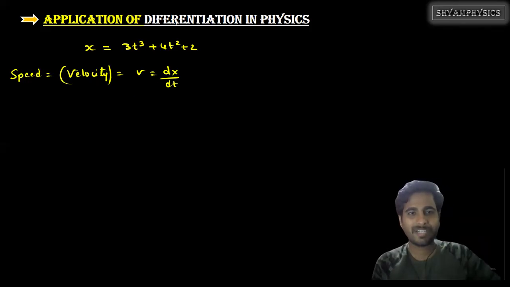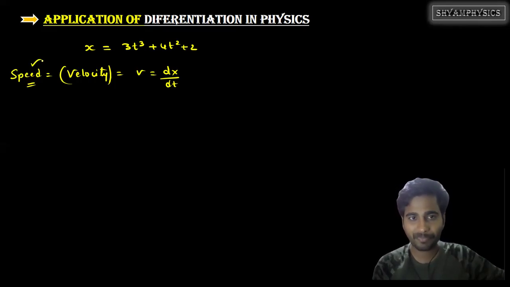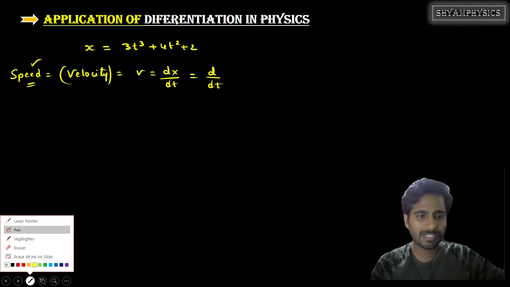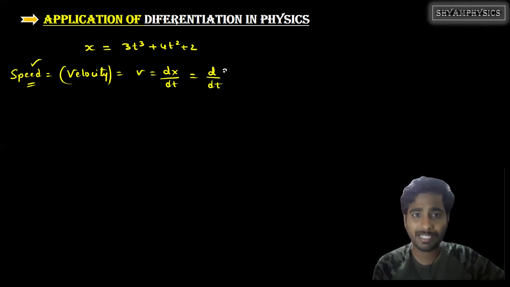Now distance, if you differentiate with respect to time, it will give speed. Now we'll put that value here: d by dt of the function they have given, how the particle is covering the distance, 3t square plus 4t plus 2.